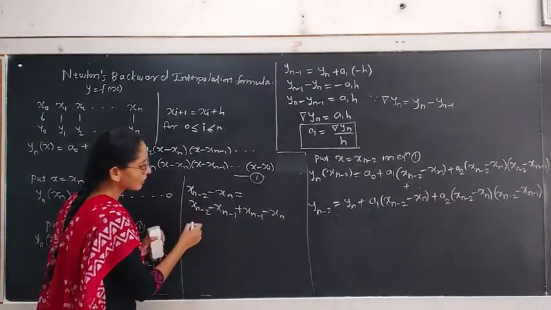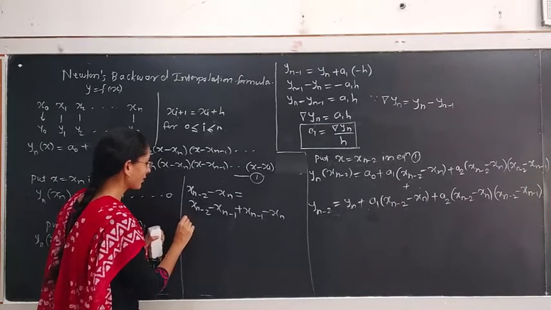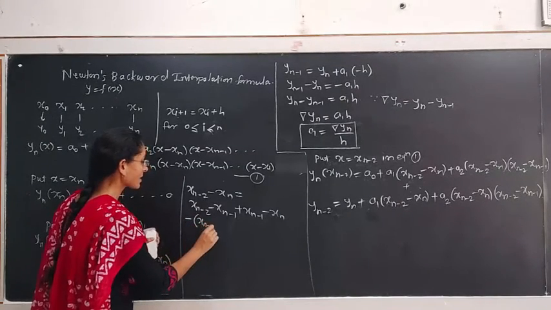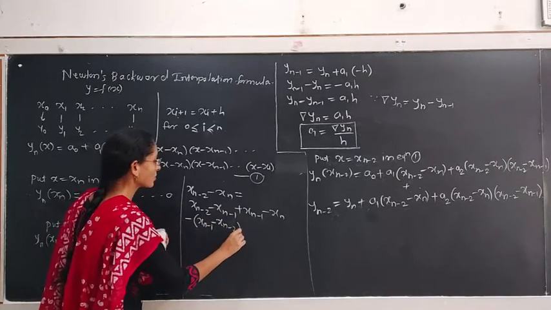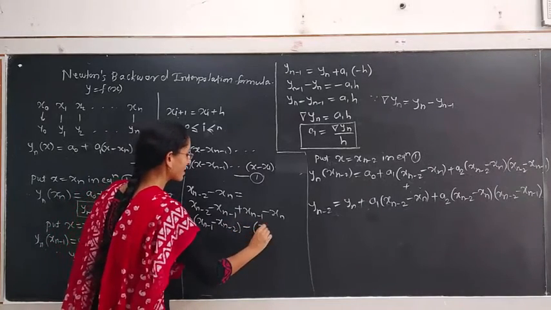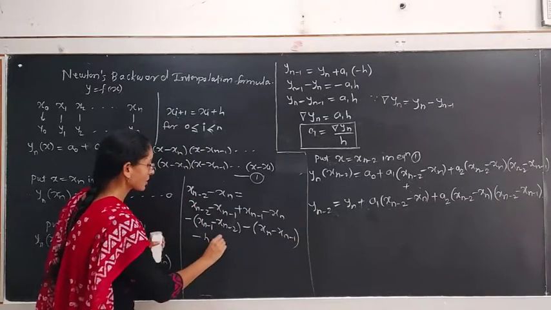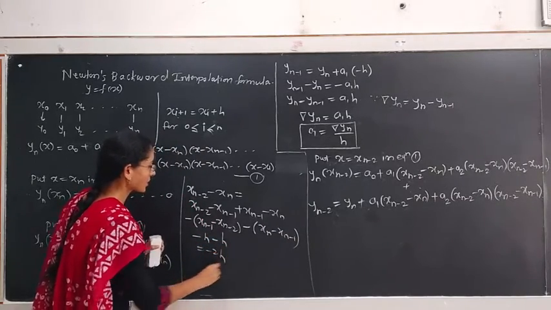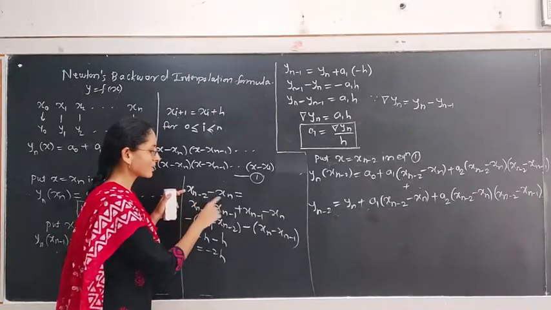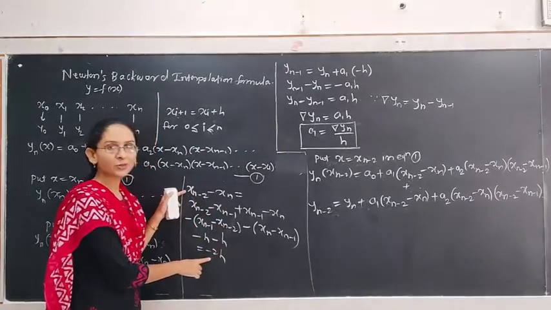If we take the negative sign common from these, what we get is minus (x_{n-1} - x_{n-2}) minus again (x_n - x_{n-1}). This value is minus h, which gives minus 2h. Hence the difference x_{n-2} - x_n is minus 2h.